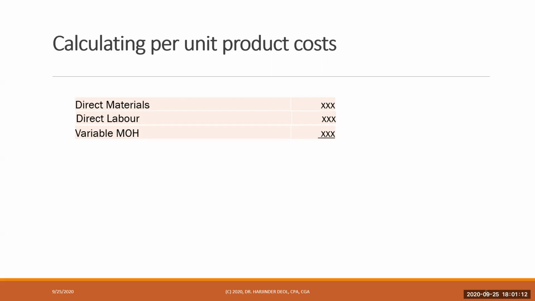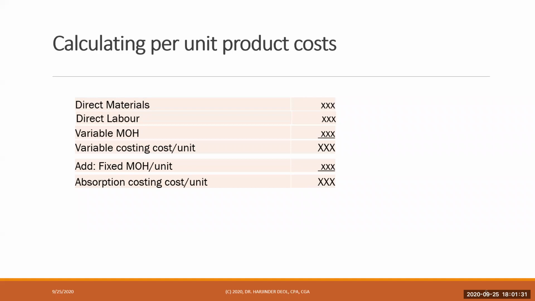These three costs added together will give you the per unit cost under variable costing. If to this amount you were to add the fixed manufacturing overhead costs per unit, you will arrive at the per unit product cost under absorption costing.